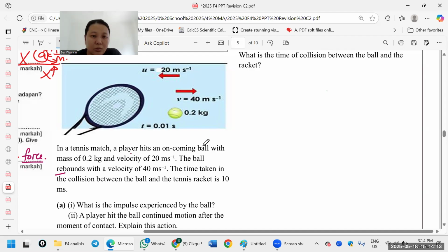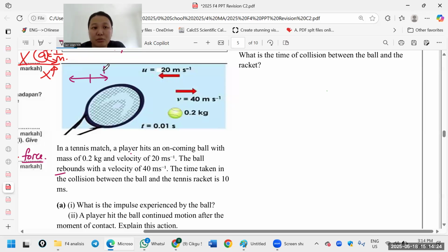So for direction, remember you can fix it like normal, but most of the time we fix the right hand side as positive and the left hand side as negative. The time taken for the collision between the ball and the tennis racket is 10 ms. Am I writing it wrong?